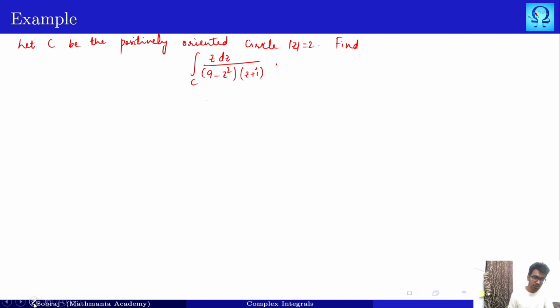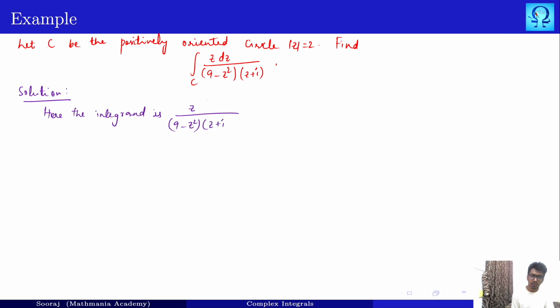Okay, how to solve this? It's quite simple. Here, the integrand is 1 upon 9 minus z squared times z plus i.